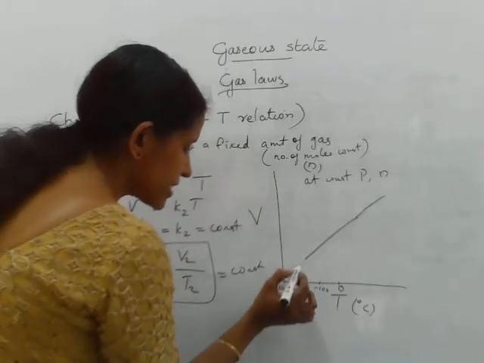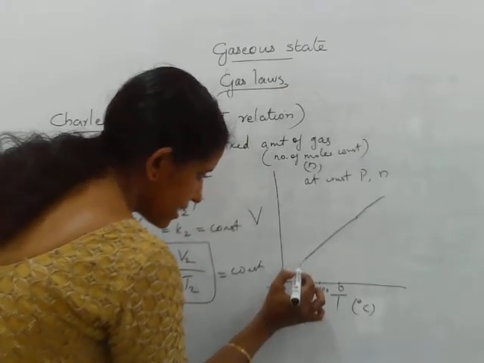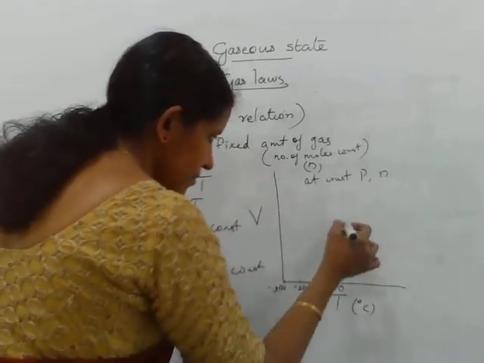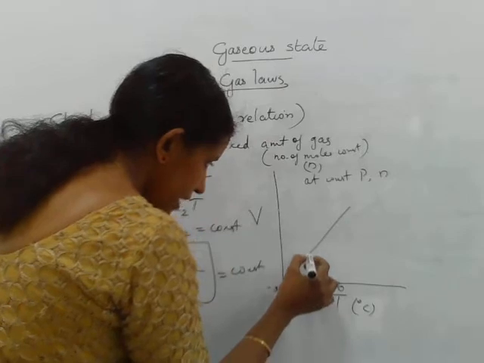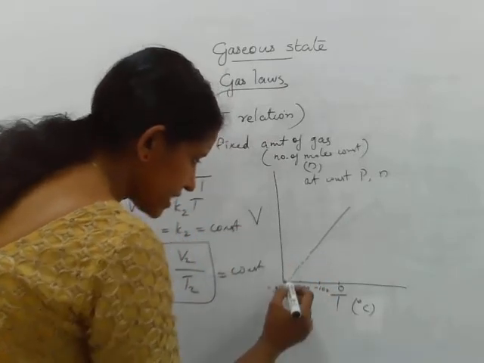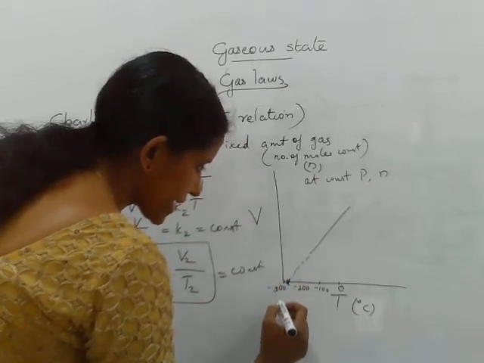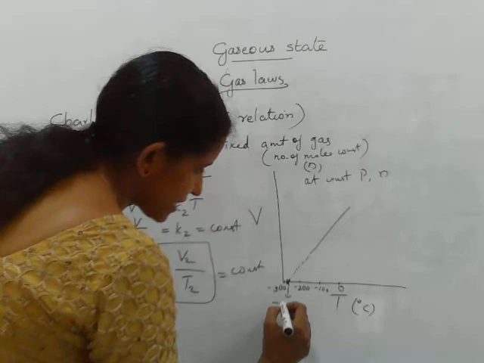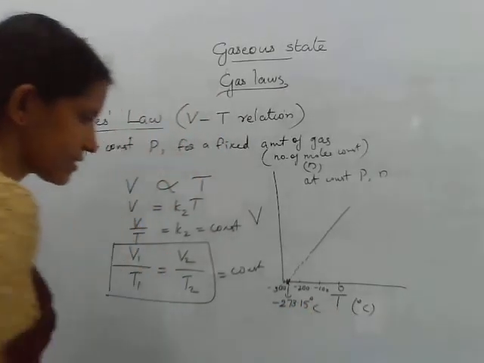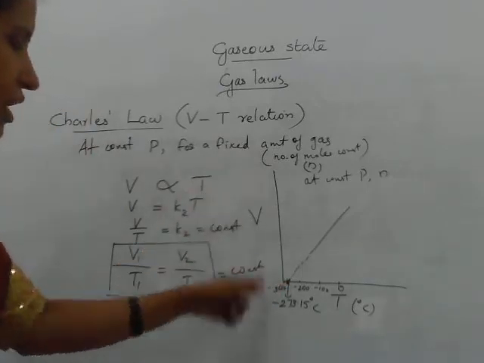When you extrapolate this graph towards the temperature axis, it would touch the temperature axis at this point, corresponding to a temperature of negative 273.15 degrees Celsius. At this temperature, what will be the volume of the gas?